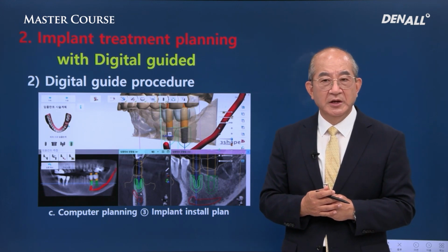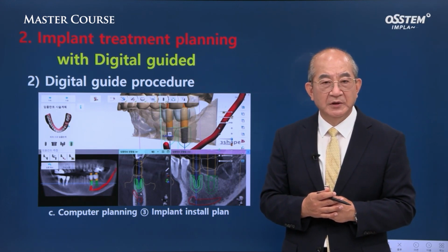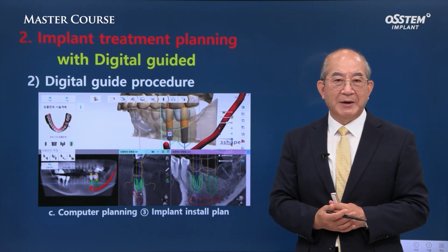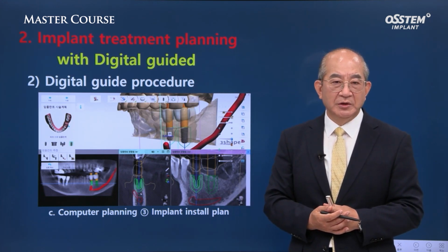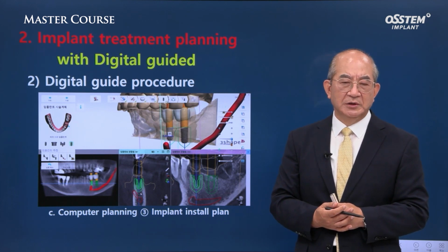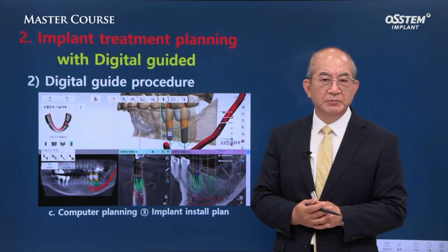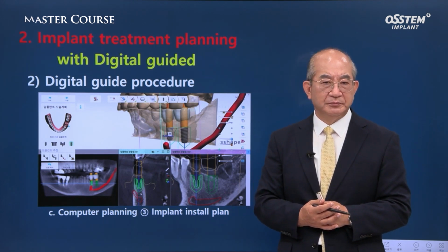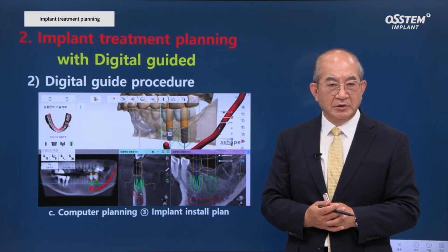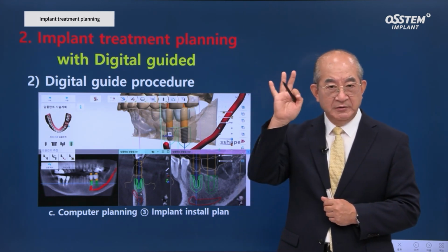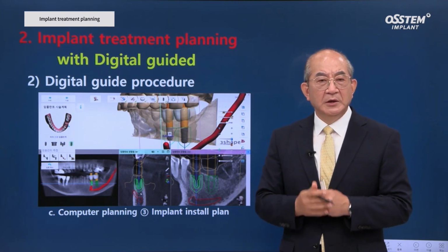Unlike the past, many dental clinics are subject to medical disputes, and the highest percentage among the disputes surrounds implant treatment. There are many reasons for that. What is most important in medical disputes are three factors. First, the dentist has responsibility to prevent medical accidents.